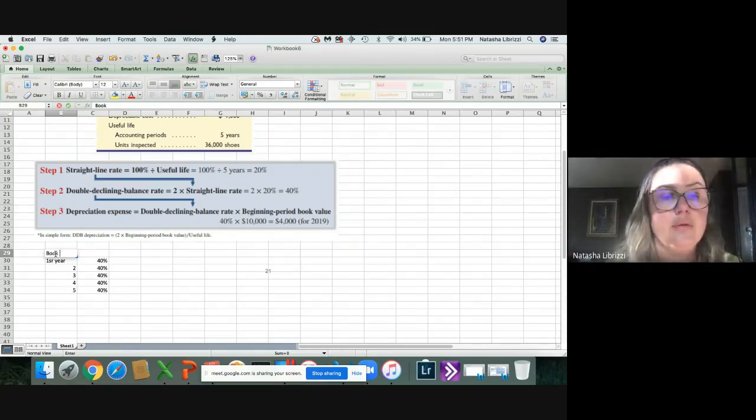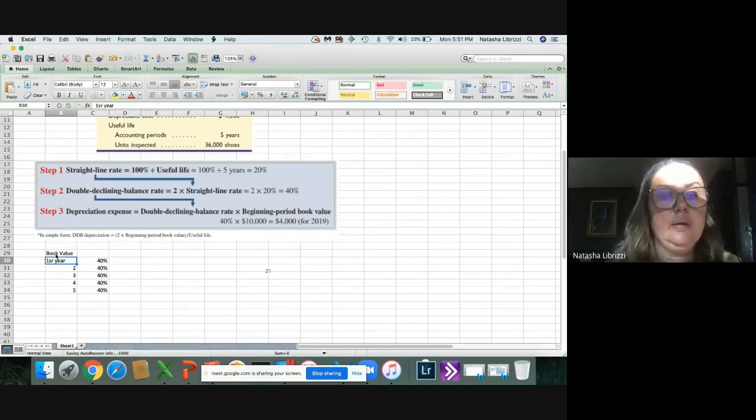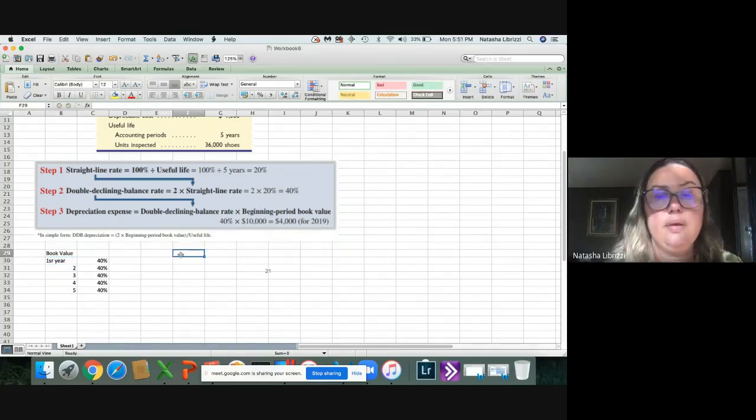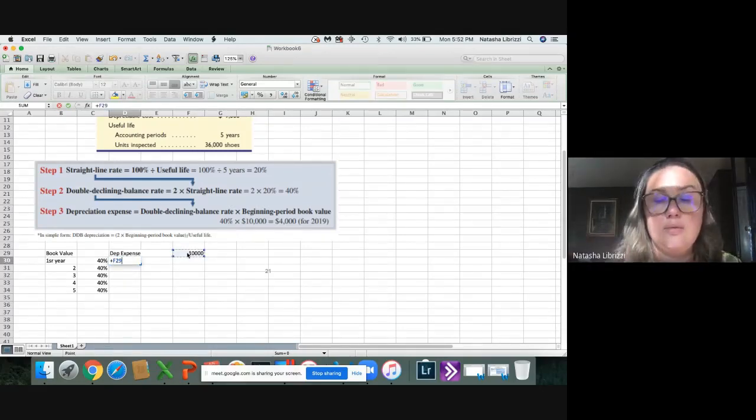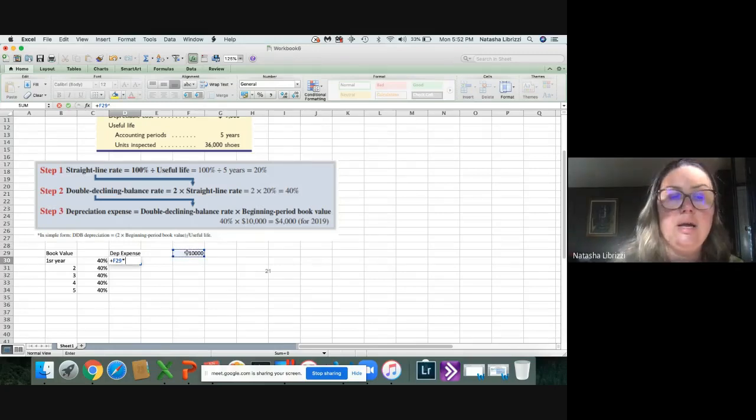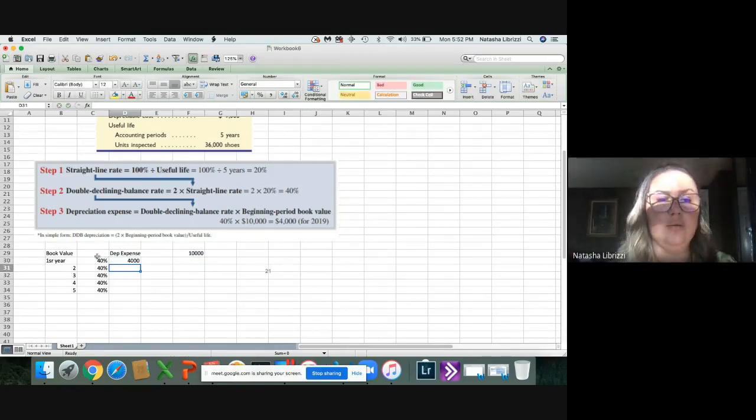So I have a book value of 10,000. So my depreciation expense for that year is my original cost times my double declining rate, okay, 4,000.